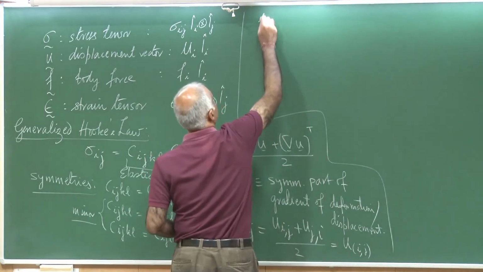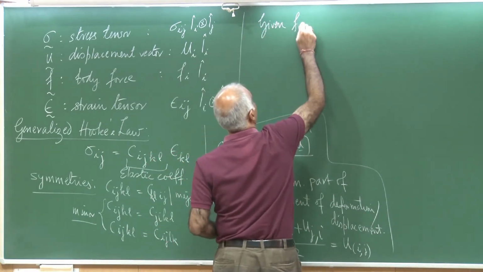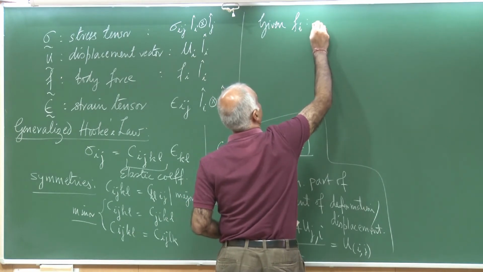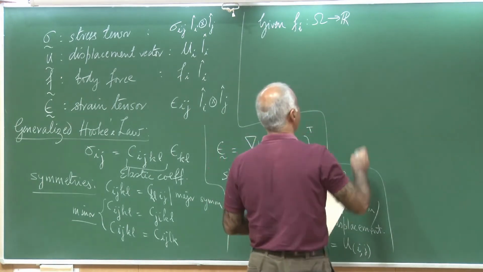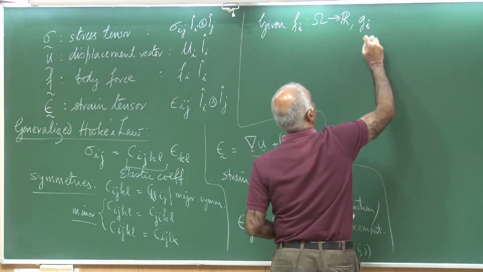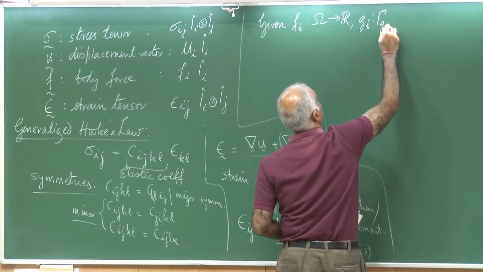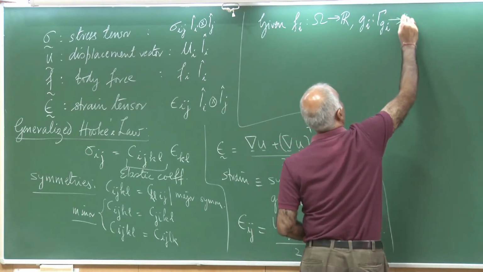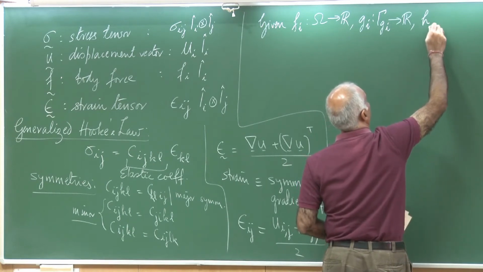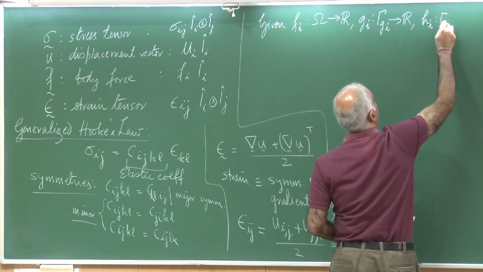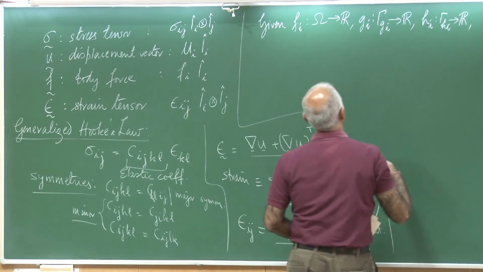So, the strong form was that given a force F_i which is defined on omega as a real valued function, and then we had these boundary conditions, Dirichlet boundary conditions defined on gamma_g_i, again a real valued function, and the Neumann condition h_i, which was defined on gamma_h_i, again a real valued function.